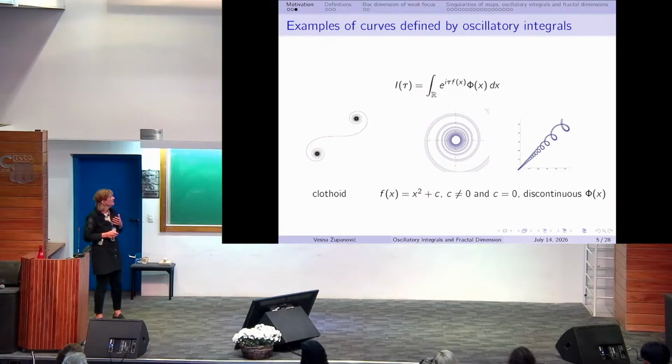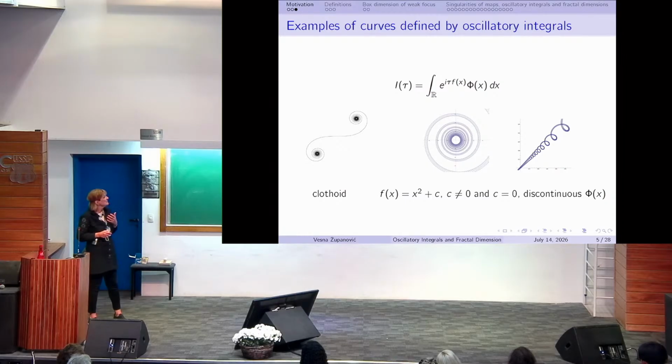He was using the clothoid in some optimal control problems. So I paid attention to the clothoid, and then we obtained some fractal results about it, and later on we realized that there are much more interesting things related to these oscillatory integrals.